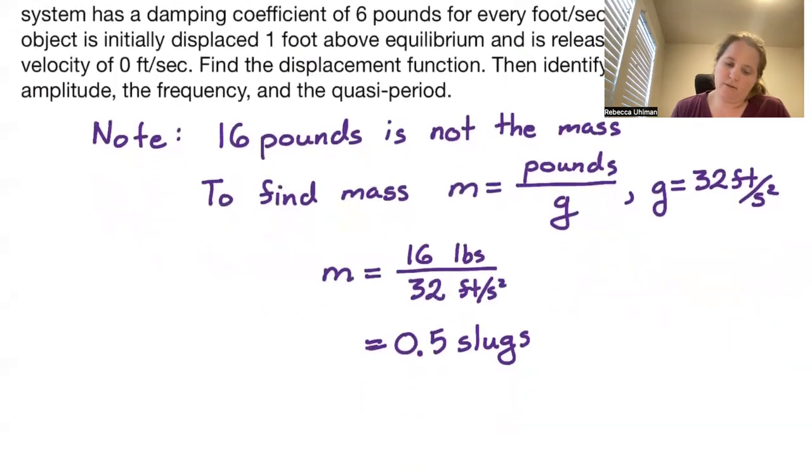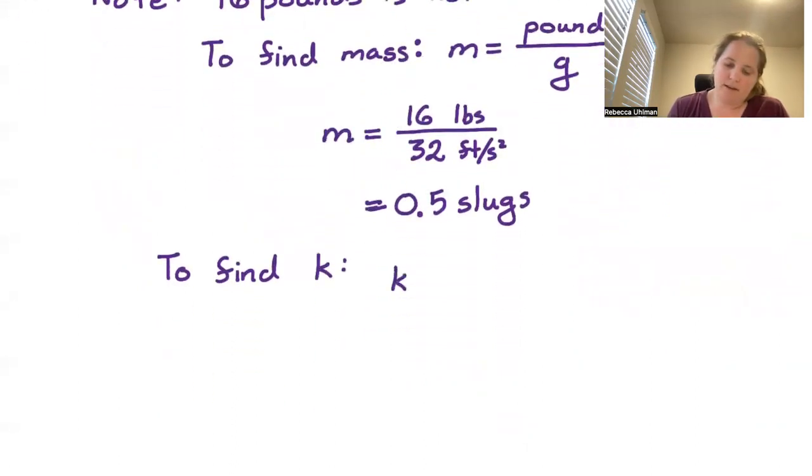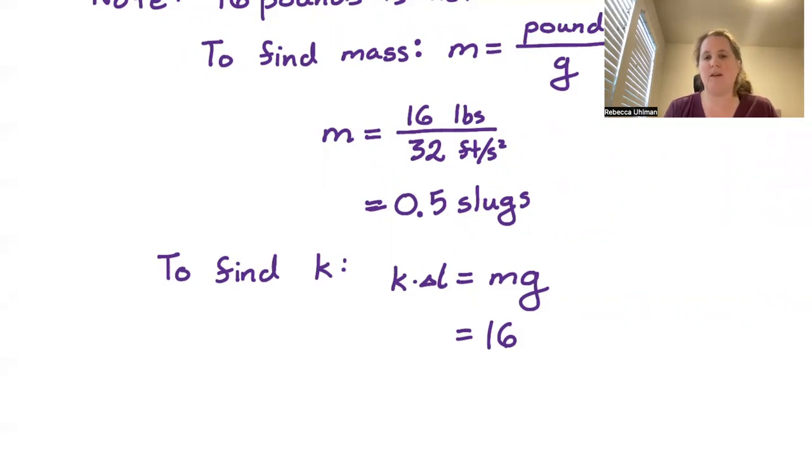Then we can go ahead and find K. So to find K, we will once again do K times the equilibrium stretch delta L is equal to m times g. Note this m times g is actually that 16 pounds. So we have K times, in this case, we stretched by 0.8 feet.